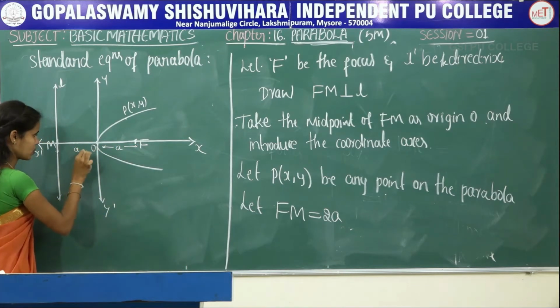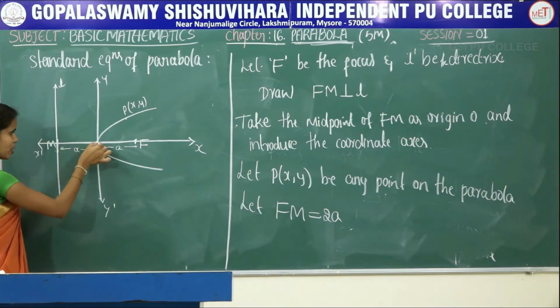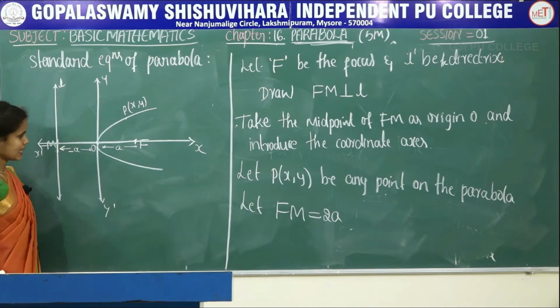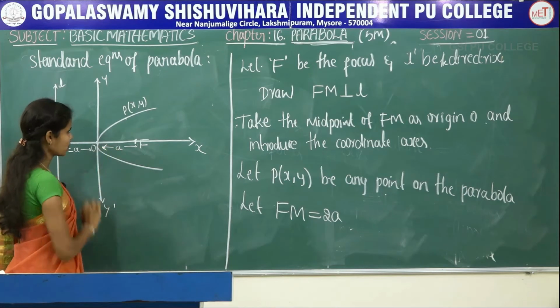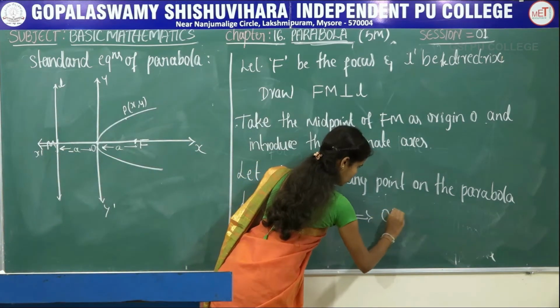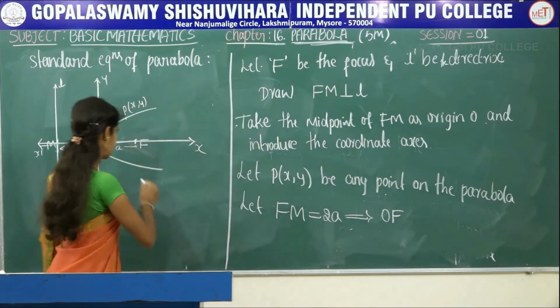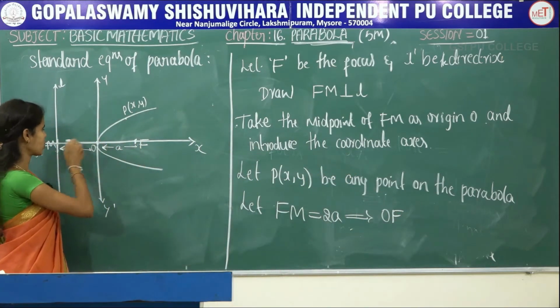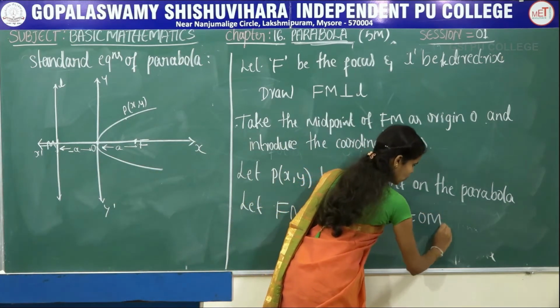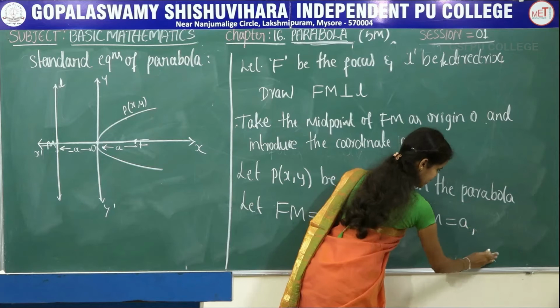But here we measure along the negative x-axis. Therefore, this distance is equal to minus a. So OF, O is the midpoint, therefore OF is equal to OM is equal to a.